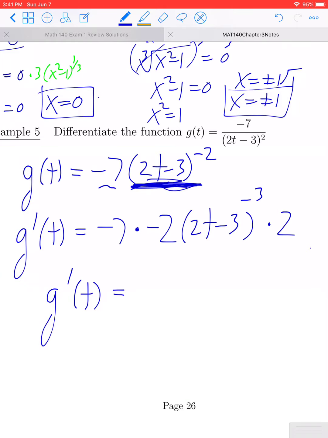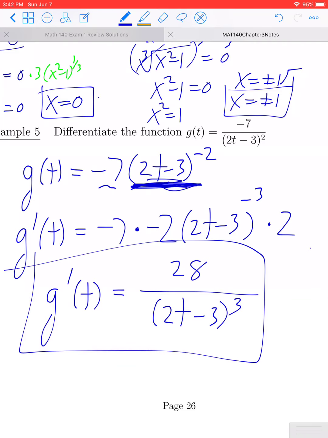And now all we want to do is just kind of rewrite it by simplifying. Negative 7 times negative 2 times positive 2 should give us a positive 28. And we're going to have a 2t minus 3 cubed in the denominator. So it's a good exercise if you want to try to redo the derivative in example 5 by using the quotient rule and see which of the methods is actually easier.